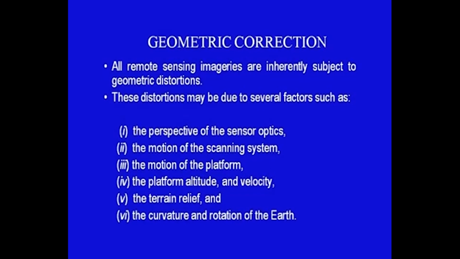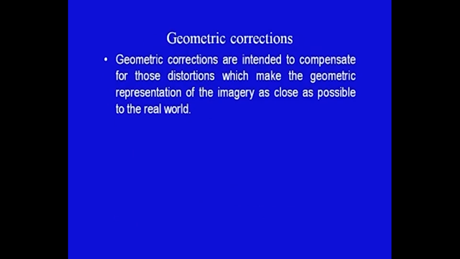Such distortions may be due to several factors, such as the perspective of the sensor optics, the motion of the scanning system, the motion of the platform, altitude and velocity, the terrain relief, and the curvature and rotation of the earth. Geometric corrections are intended to compensate for those distortions which make the geometric representation of the imagery as close as possible to the real world.